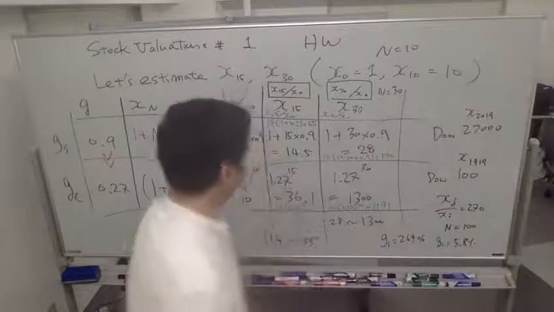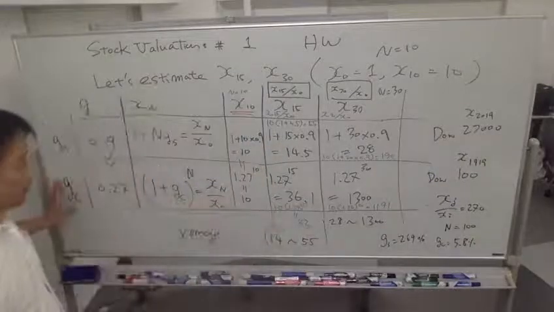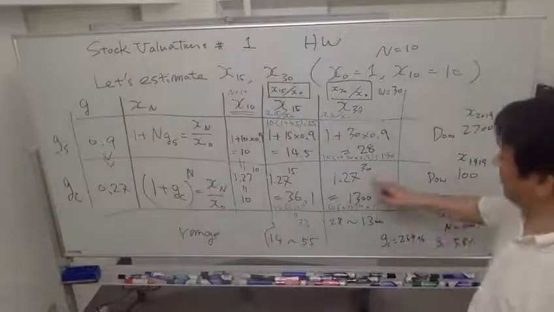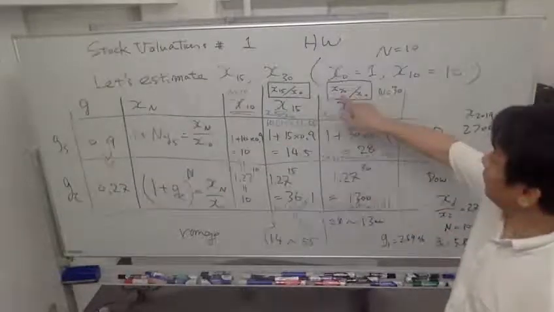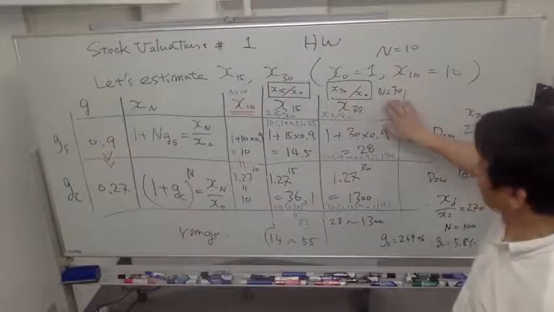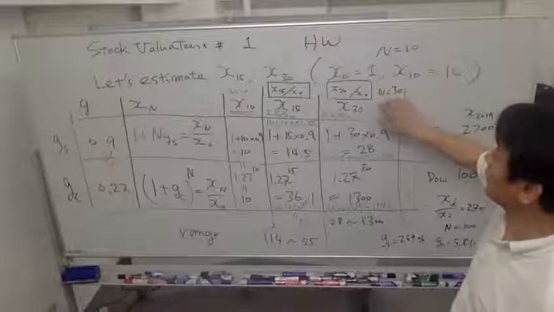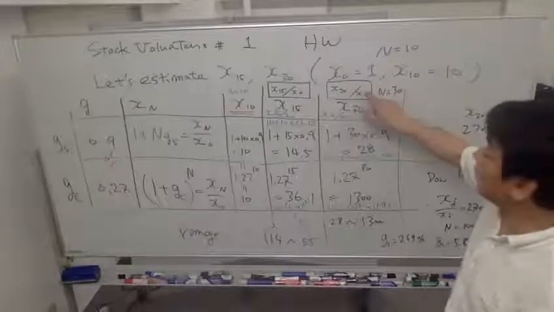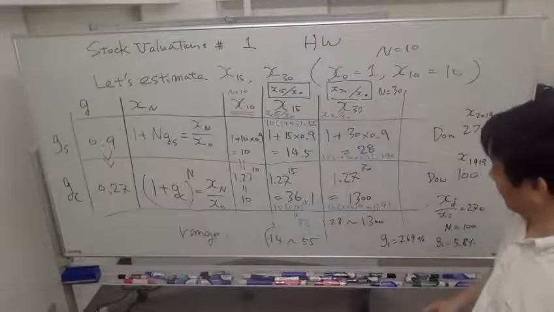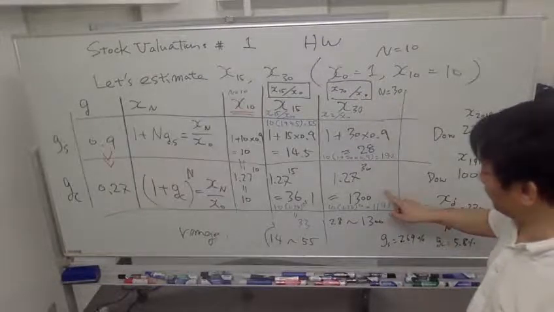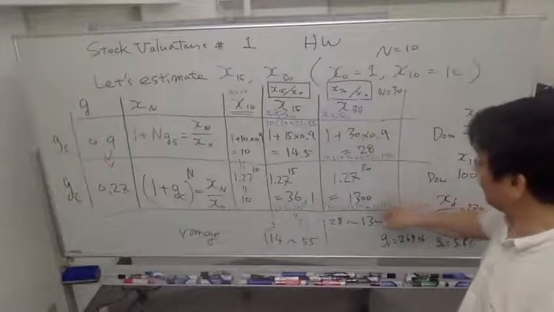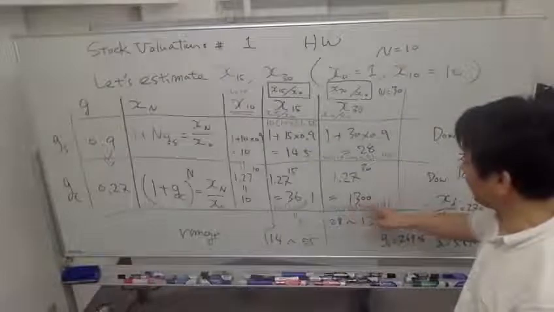On the other hand, for GC, on a compound basis, the same formula applies, but n is 30 because we choose a starting point of X0 and an ending point of X30, right? So the result would be huge. The result is 1,300.